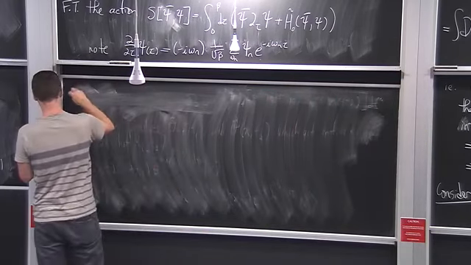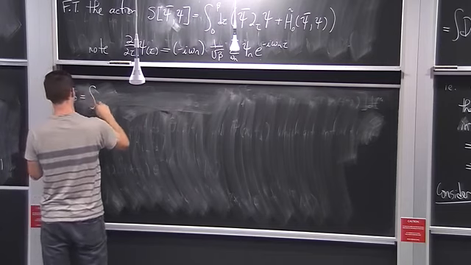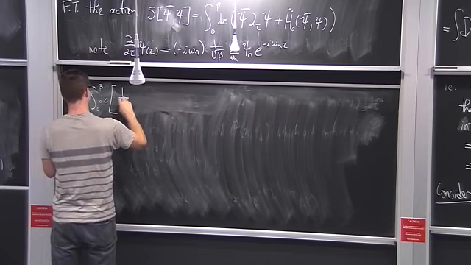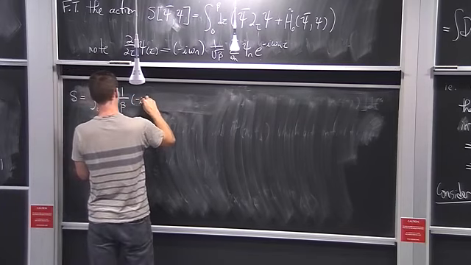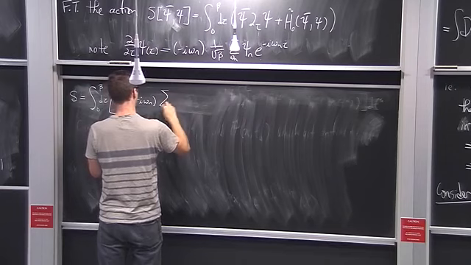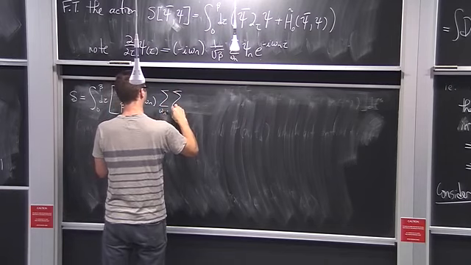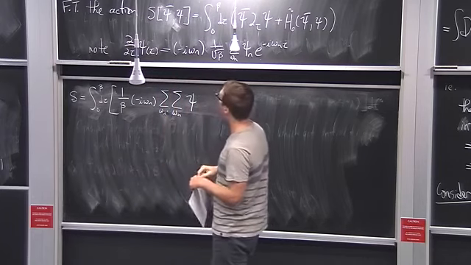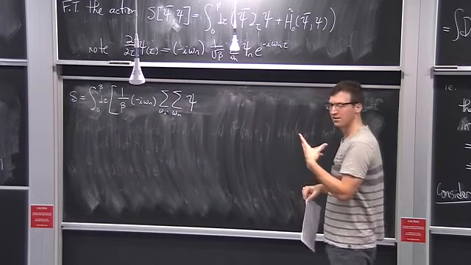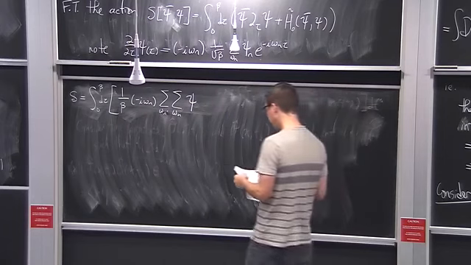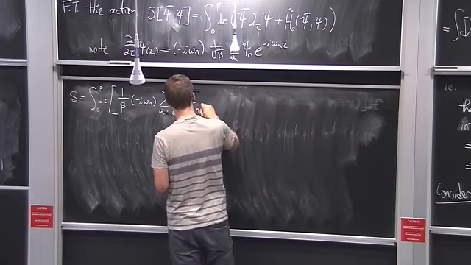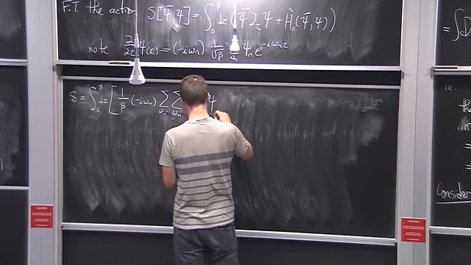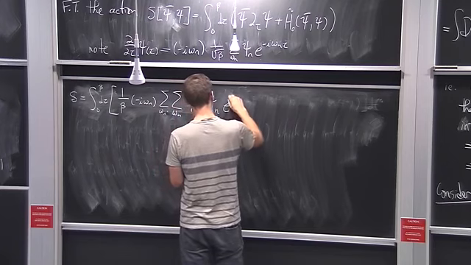So then the action. We introduce a different index for the field and its conjugate. So one's n and one's n prime. So we'll call the conjugate n prime, I guess.